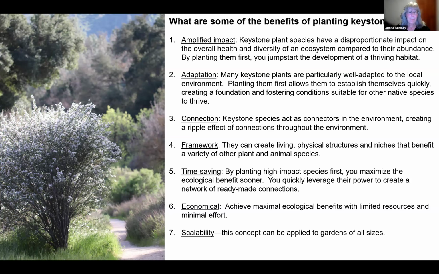And so basically, as soon as you plant it, you have the benefit. So instant gratification when you plant a keystone species. They're economical. You can achieve that maximal ecological benefit with limited resources and minimal effort, and scalability. The concept can be applied to gardens of all different sizes. So lots of benefits.